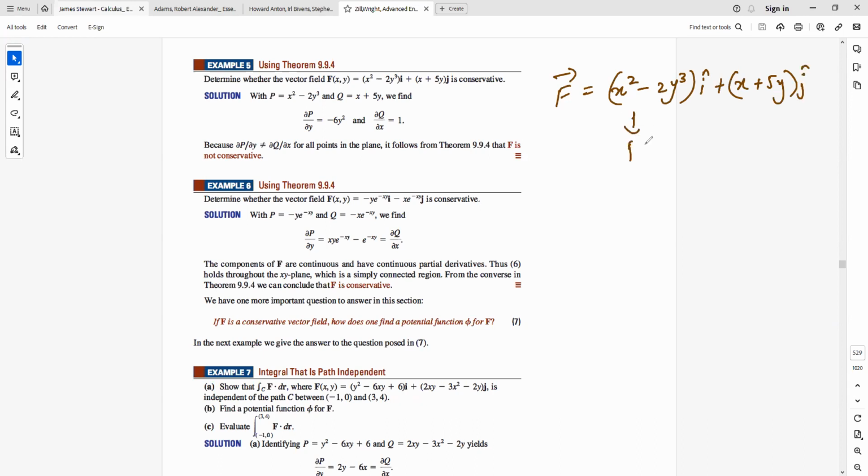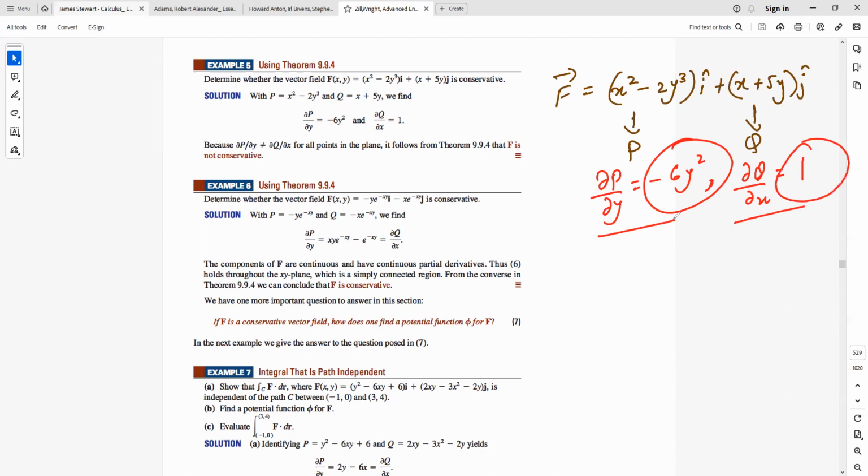Now this function is P and this function is Q, and we can see that both the functions are continuous, and their first partial derivatives are given by partial P over partial y is negative 6y squared, and partial Q over partial x is 1. So both the derivatives are also continuous. But we can see here that the equality does not hold for this field. Therefore, we can say that this field is not a conservative field, right?